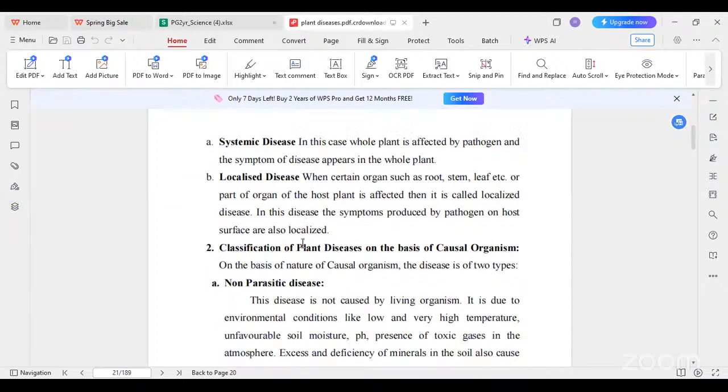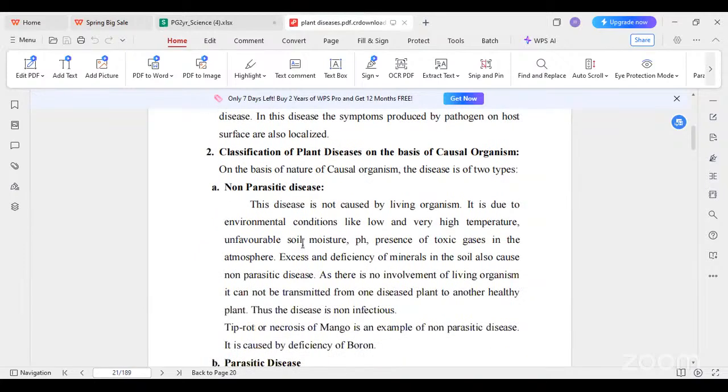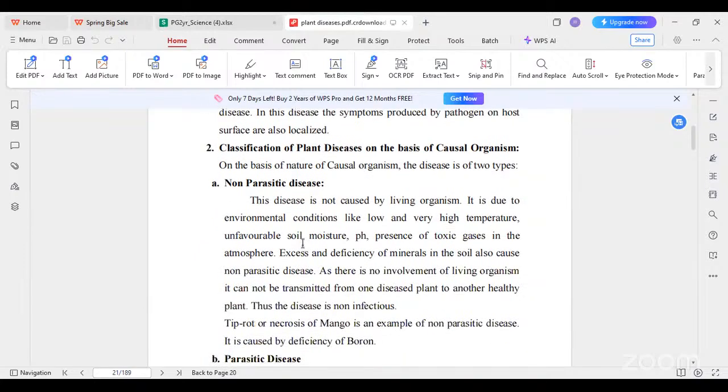The classification of plant disease on the basis of the causal organism. On the basis of the nature of the causal organism, disease is of two types. One is the non-parasitic disease, second one is the parasitic disease. The non-parasitic disease is not caused by a living organism.